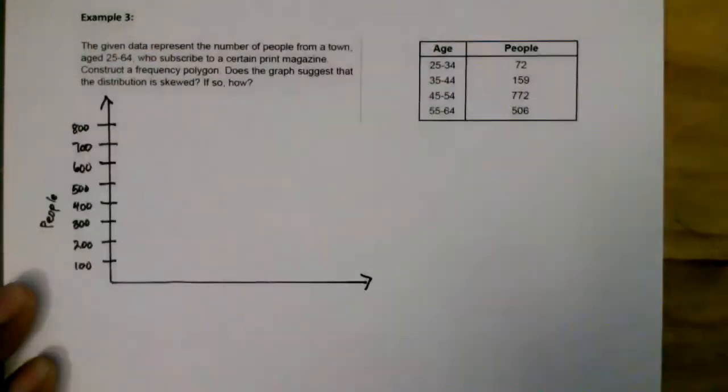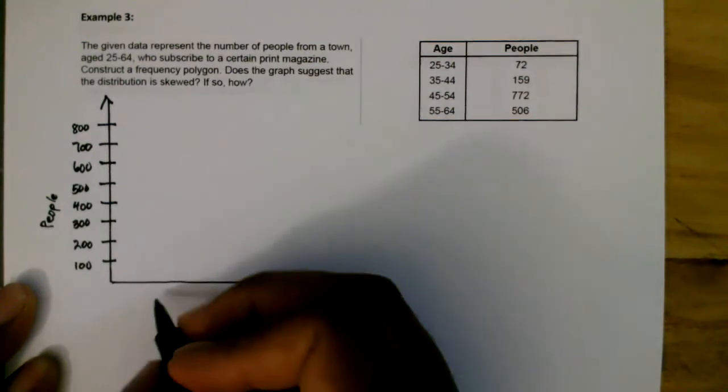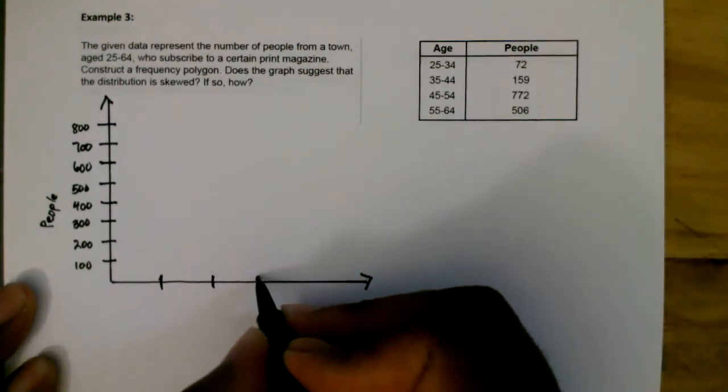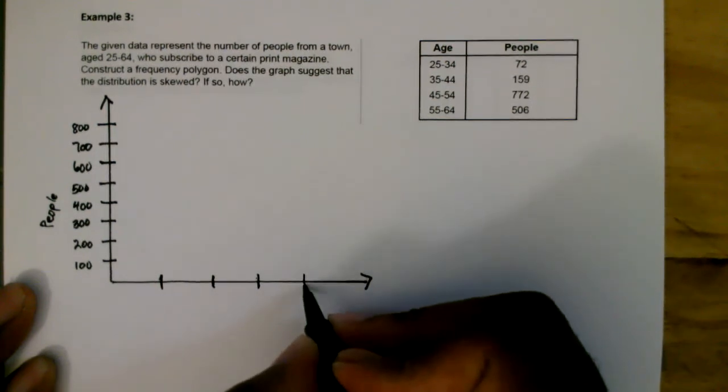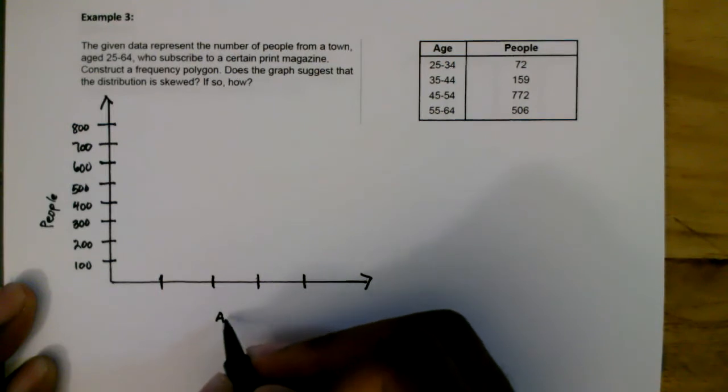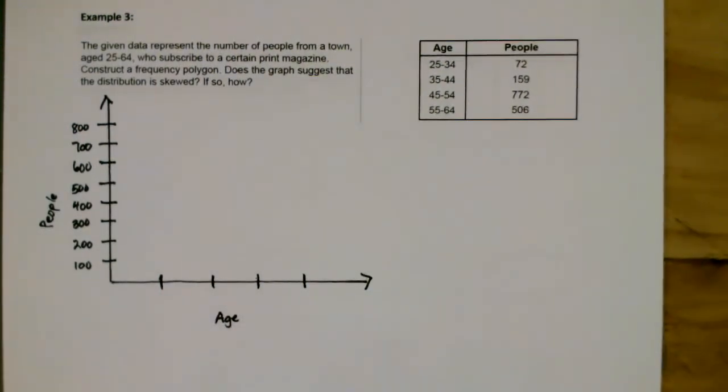These represent the number of people. And I have 4 classes. It represents the age.